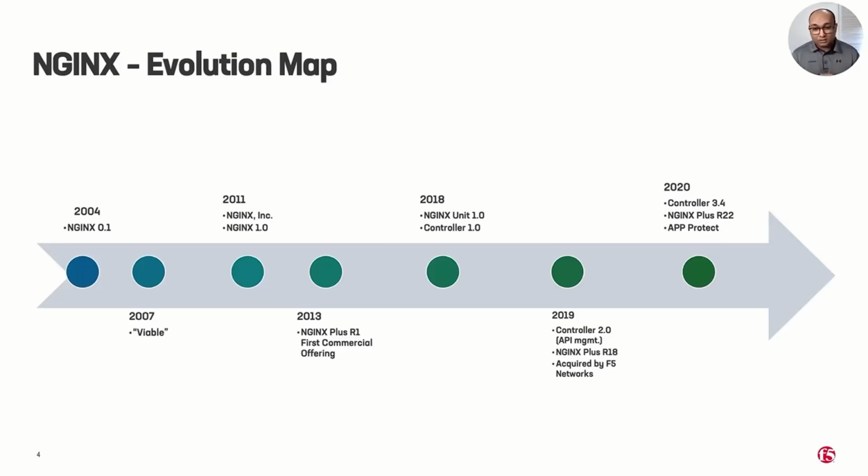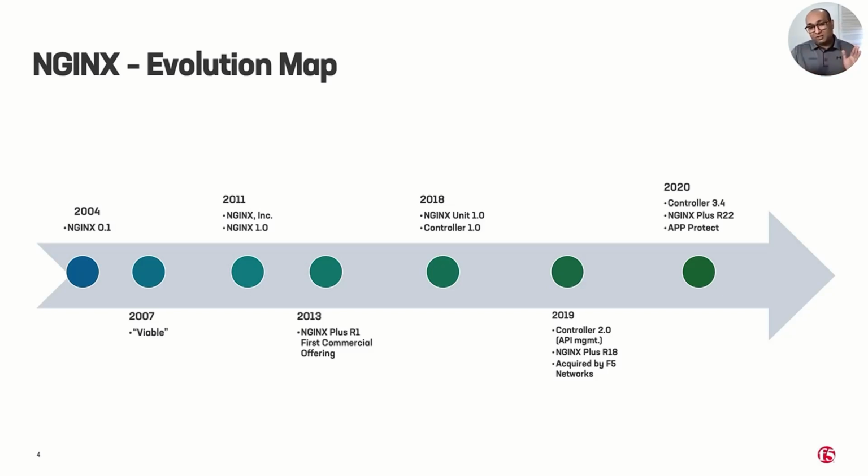So we'll start off with the quick evolution map of NGINX. It started off way back in the 2003, 2004 time period, where it was created to essentially solve one problem, and that problem was C10K. The C10K problem essentially entails the ability to serve 10,000 concurrent connections from one compute unit.